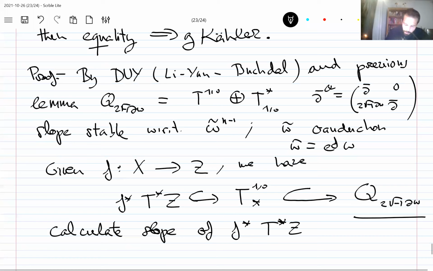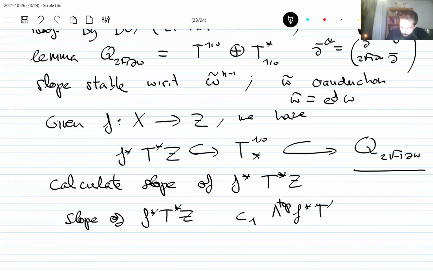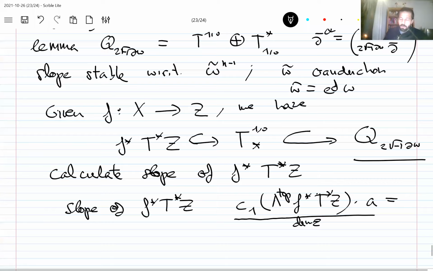Yeah. So the slope of f star T star Z is just the first Chern class of the determinant of this thing, times A, which is the class of the Gauduchon metric, divided by the rank, which is going to play no role here because the degree of Q is 0.